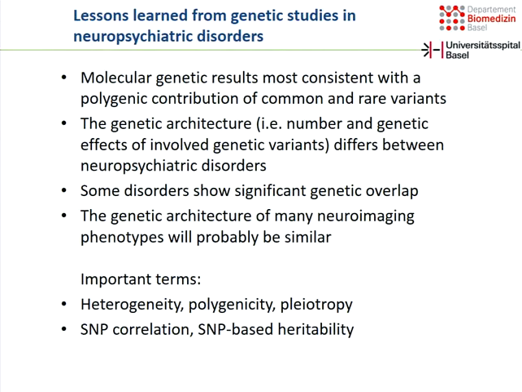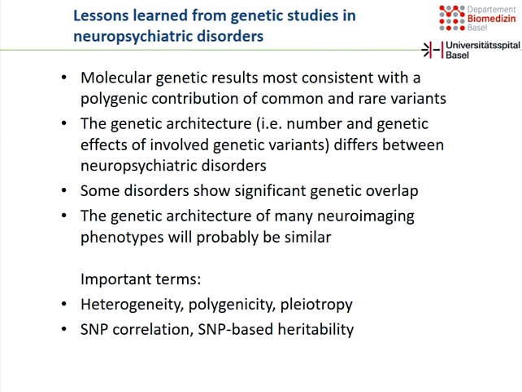This is my concluding slide. What are the lessons that we learned? The results that we have in psychiatric genetics are most consistent with the polygenic contribution of common and rare variants. This is really something that we have learned from these genome-wide studies. The genetic architecture is different between different neuropsychiatric disorders, and we now have the means to see how different they are.